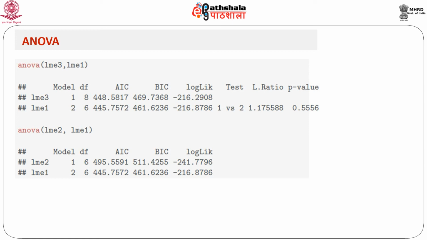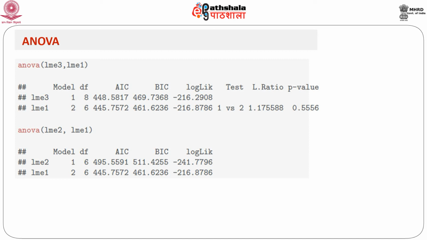This is the reason: for lme1 it had a random intercept, for lme3 it had random intercept and random slope, so the variance parameters were nested. While for lme2 and lme1, one has a random slope model and one has a random intercept model. Since the two models are not nested in the variance parameters, it provides the AIC, the BIC and the log likelihood, but it does not provide a likelihood ratio test.